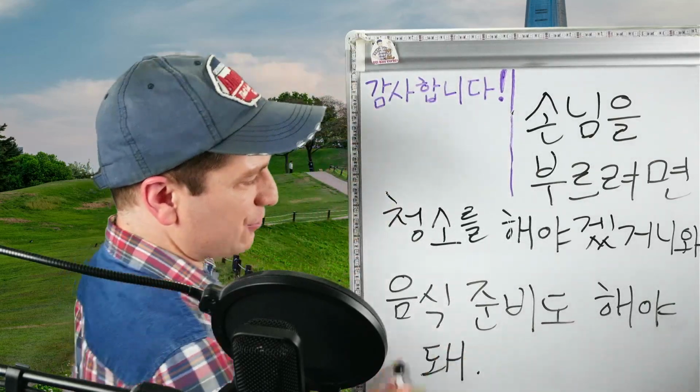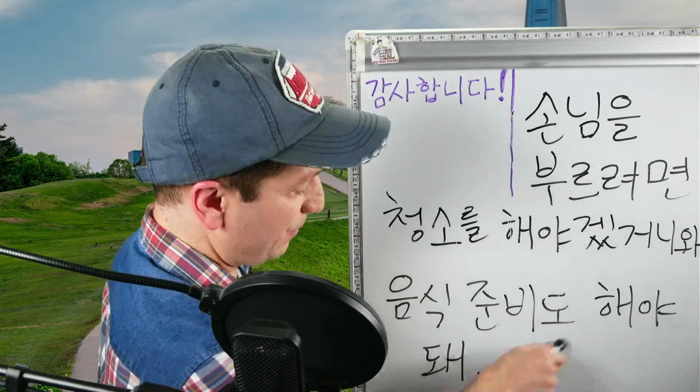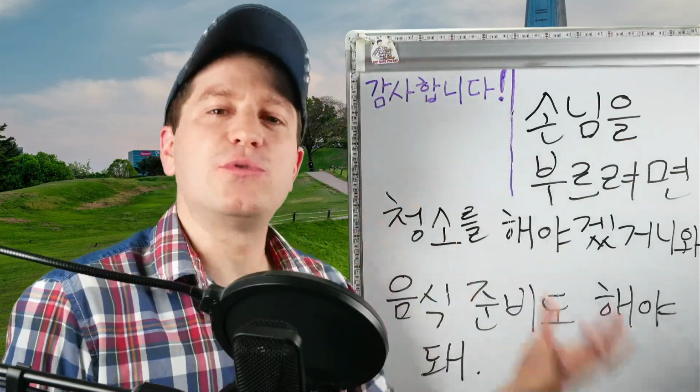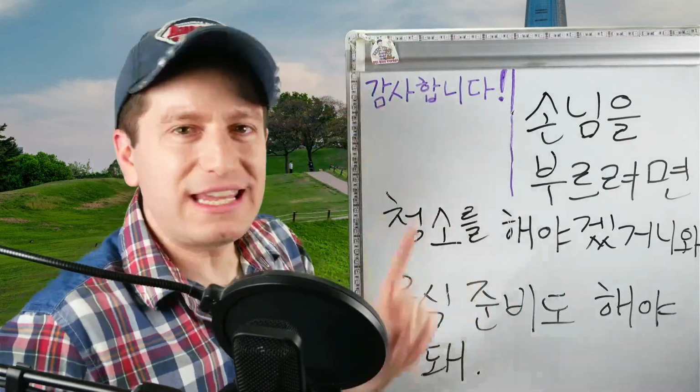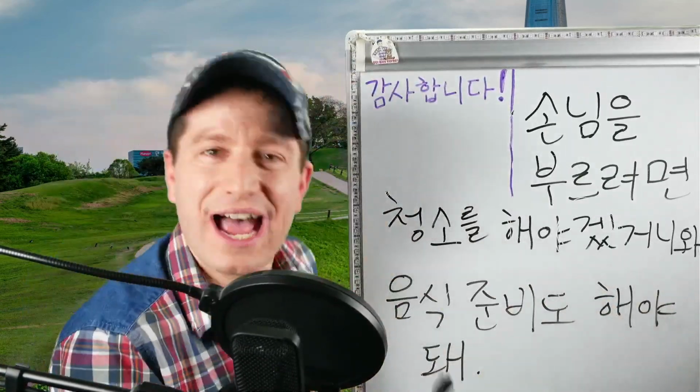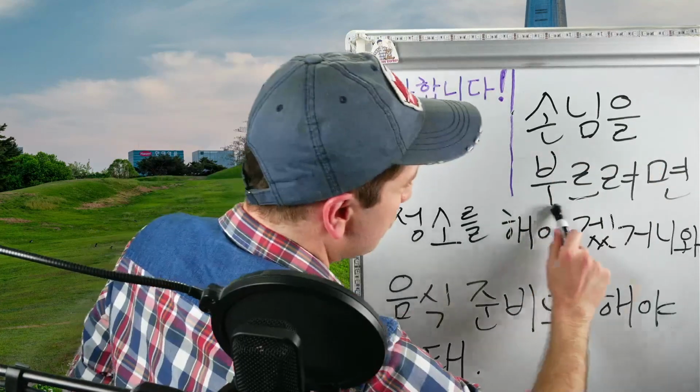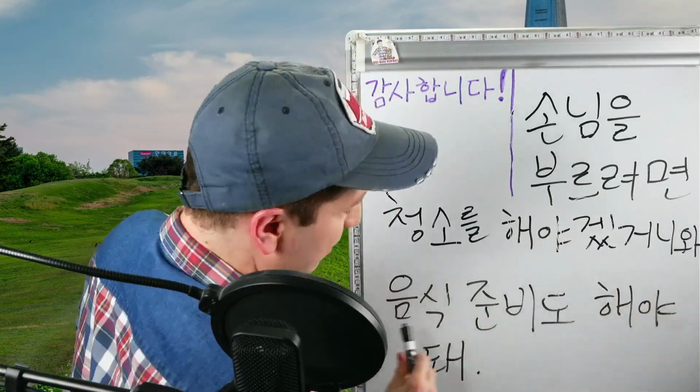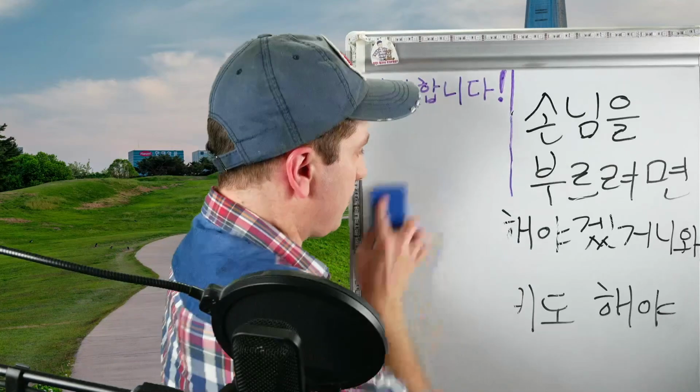So I also have to 해야 돼. 음식 준비, preparing food. So if I'm going to invite guests over, not only would I have to do cleaning, but I also would have to prepare food. 손님을 부르려면 청소를 해야겠거니와 음식 준비도 해야 돼.